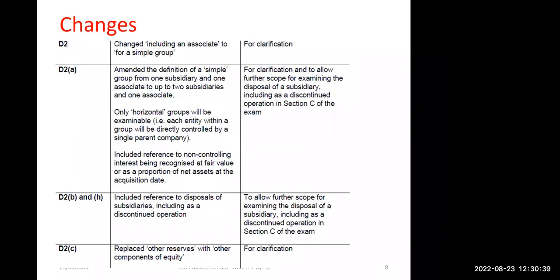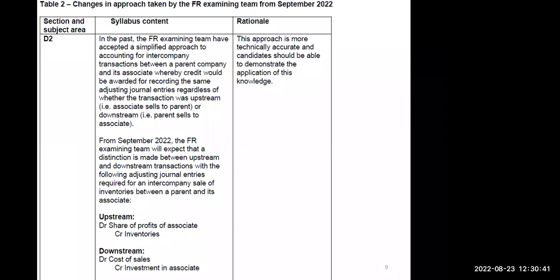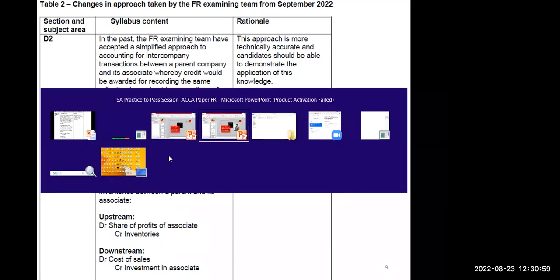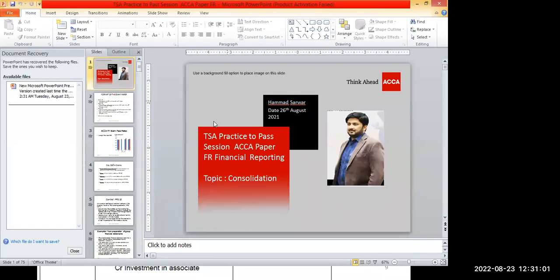Talking about the major change in the syllabus, it's about the concept of associate. When the parent company sells goods to the associate company, or the associate company sells goods to the parent company, what will be the accounting entry in this case? Can you tell me about the accounting entry?